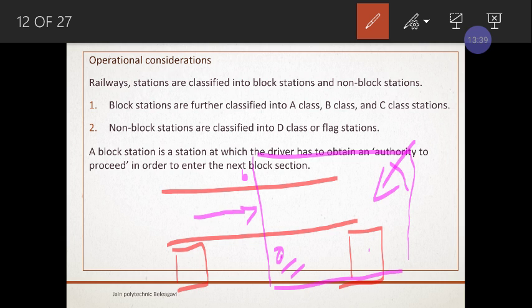If there is a red light shown by the station master, then the train has to stop here itself. It can't enter the block.